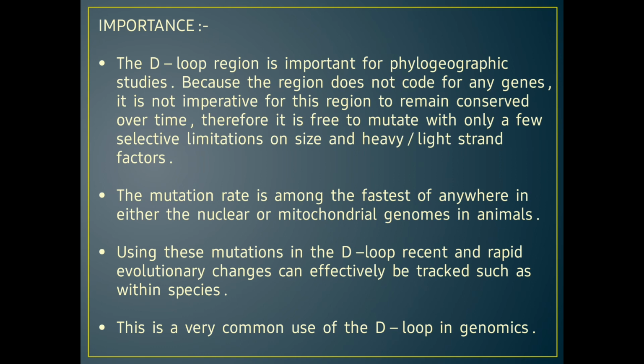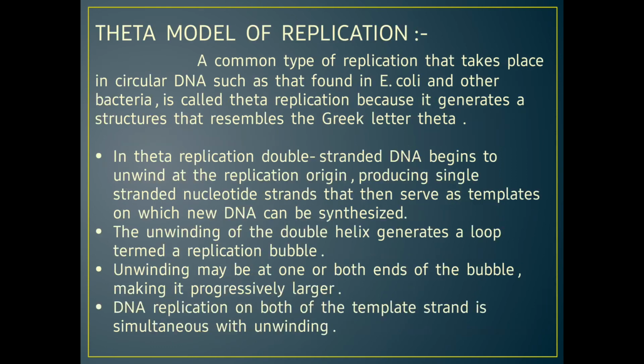Therefore, it is free to mutate with only a few selective limitations on size, and the mutation rate is among the fastest anywhere in the nucleus. That means in the D loop the mutation rate will be higher. Using the mutations in the D loop, we can see the evolutionary changes taking place, and it is very common in genomics. So that was about the D loop model.